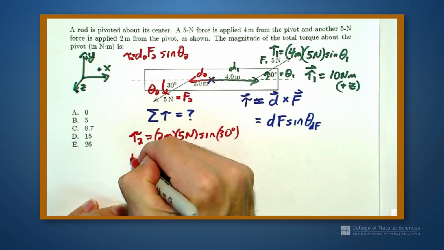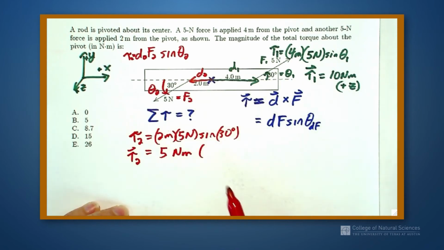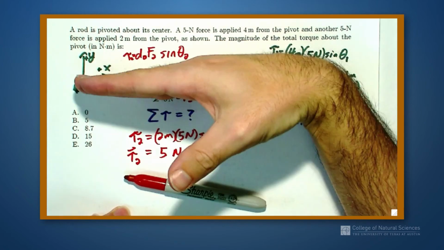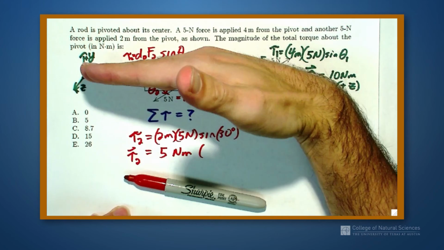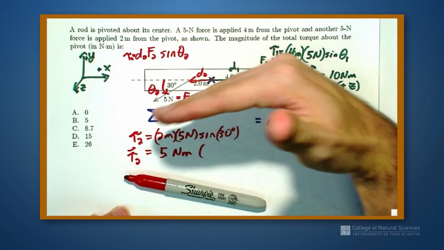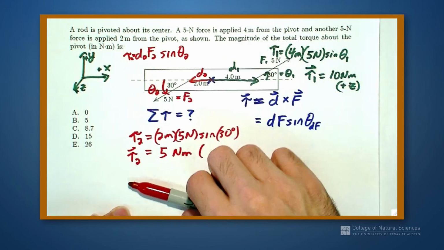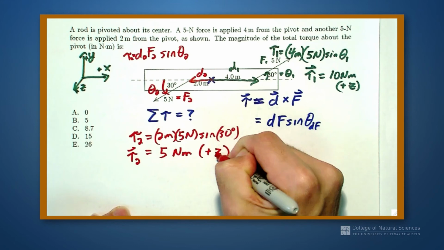So tau 2 is 5 Newton meters, and I want to add the direction in on this. So I take my hand, I go displacement into force, and displacement crossed into force gives me my torque. Again, it's pointing at us, which is in the positive z direction.